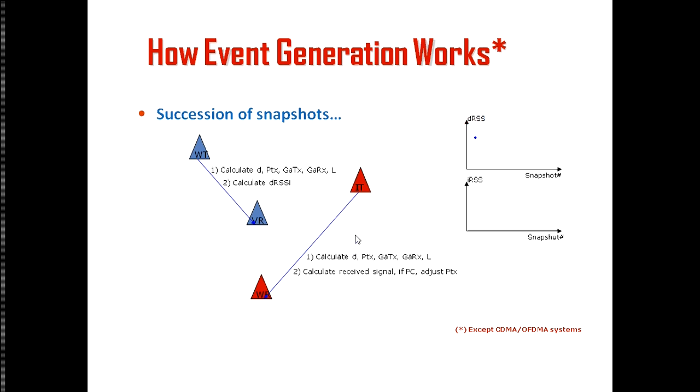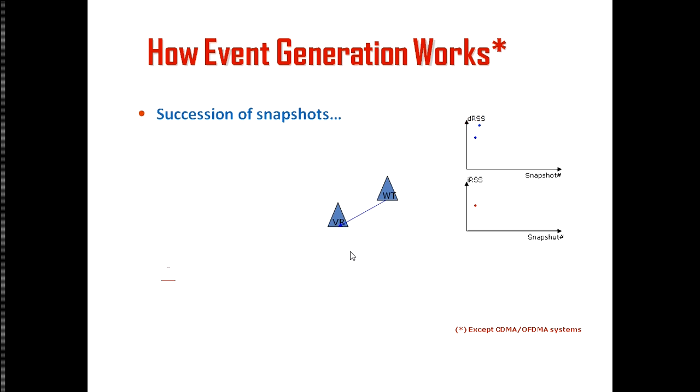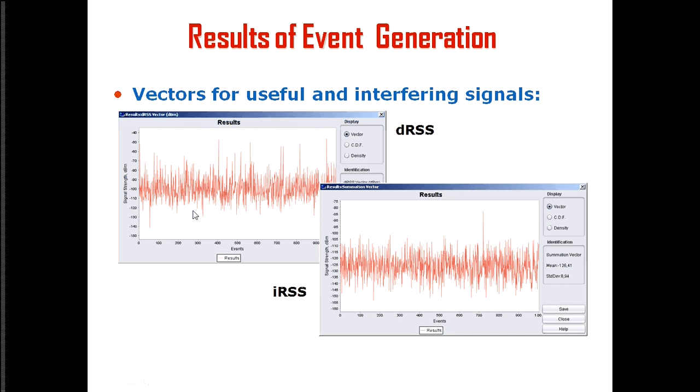From that, we find what the interference is, and we have the first snapshot for the interferer. And so on and so forth. For every snapshot, we have another value of interference. At the end, we may have something like this for the DRSS and IRSS, and we can average out to know the mean interference signal and desired signal.